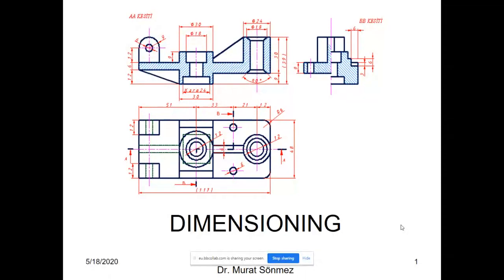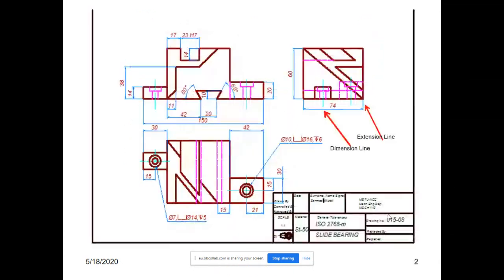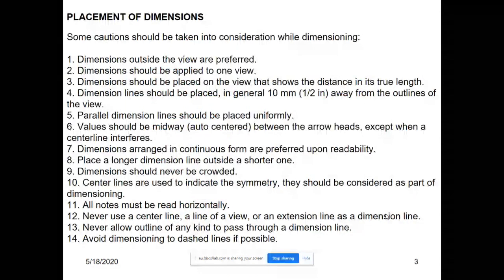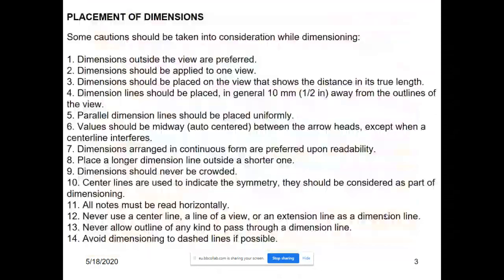In the content of last week, you found two video records. One of them was the record of the online meeting last week, which talked about the dimensioning format, saying that extension line, dimension line, and lots of dimension rules.